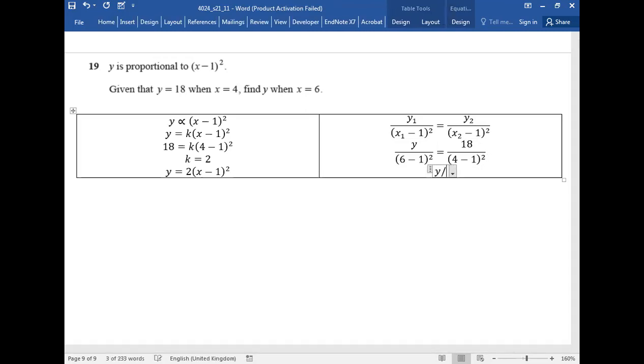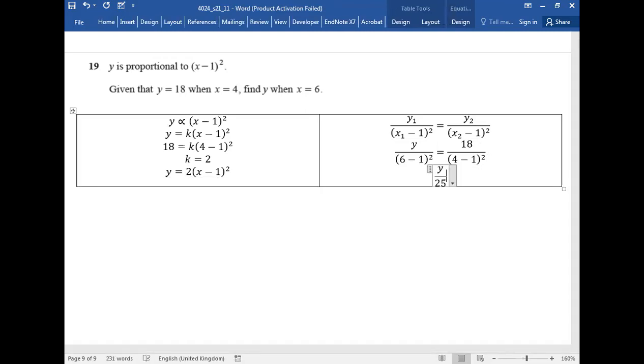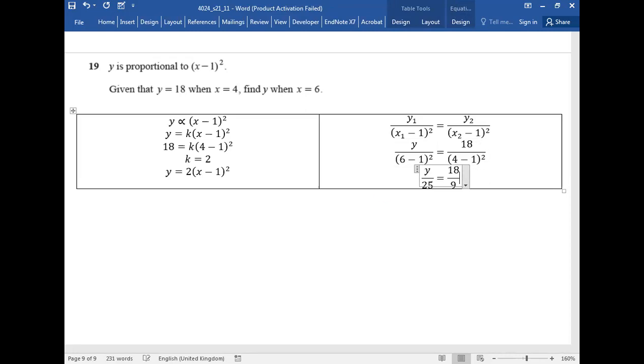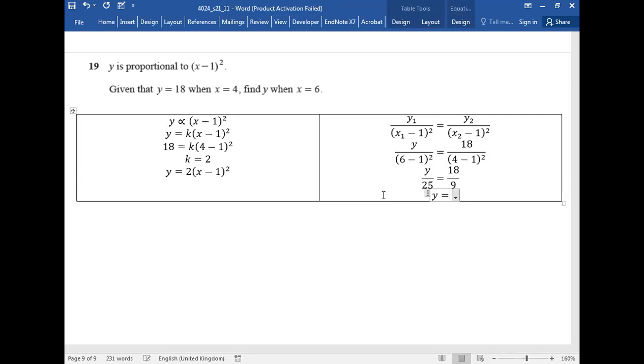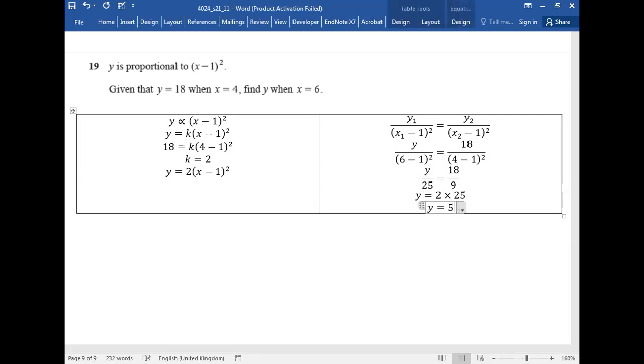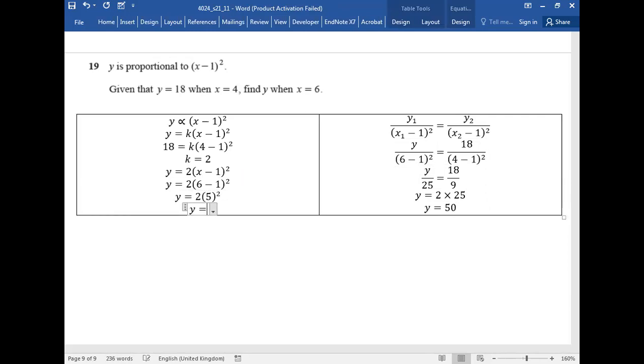So y over (6 minus 1), 5 is 25, 18 over 9. So y is 2 हो गया into 25, which is 50. And the other one as well, y is equals to 2 bracket (6 minus 1) whole square. So y is 2 times 5 square. Is this clear, class?